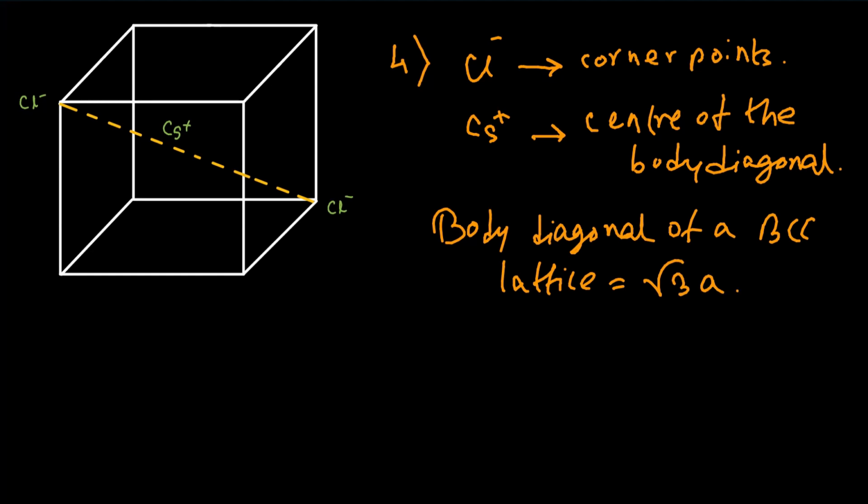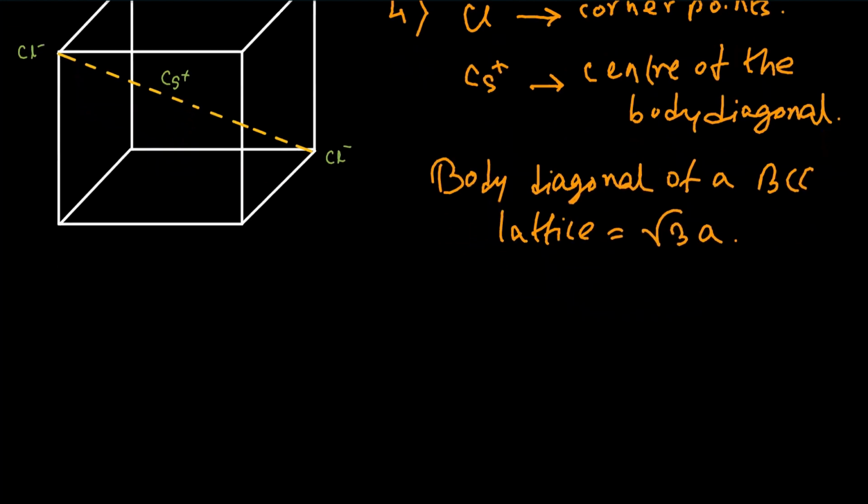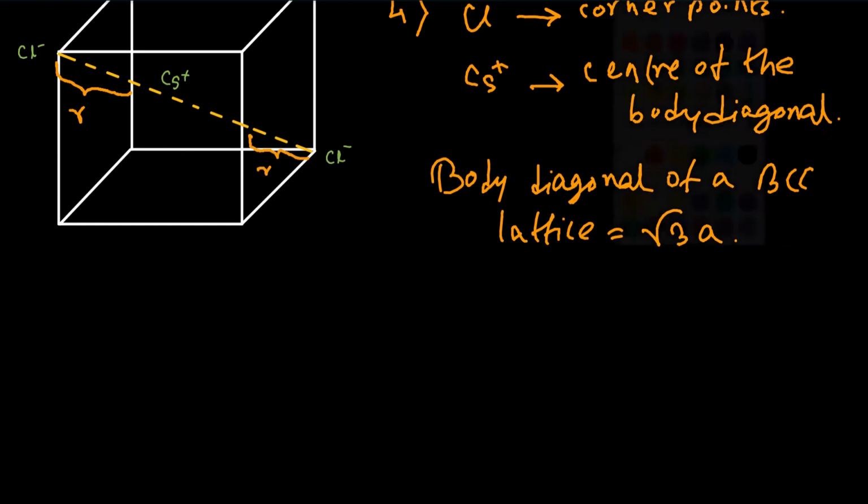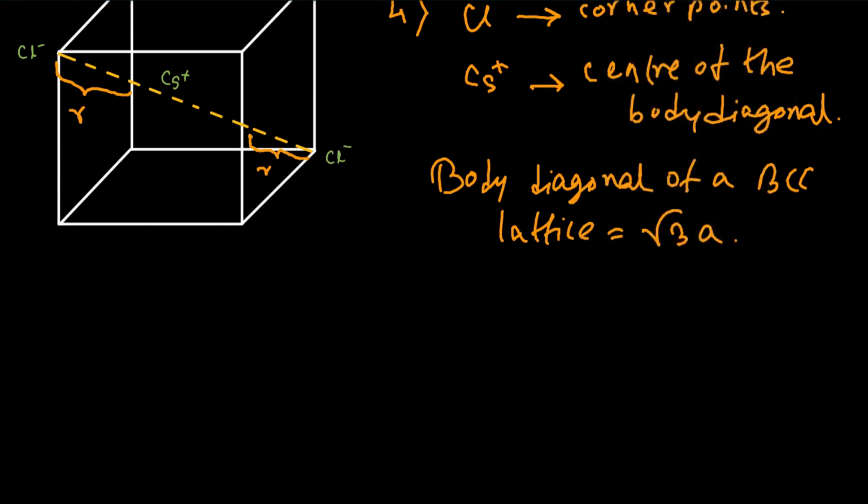Okay. Now, if I consider r as the radius, so if you can see carefully from here, this radius will be equal to small r. Similarly, this portion will also be small r. So if you observe carefully, you can easily note that this is exactly double. So this will be equal to 2r. Okay.